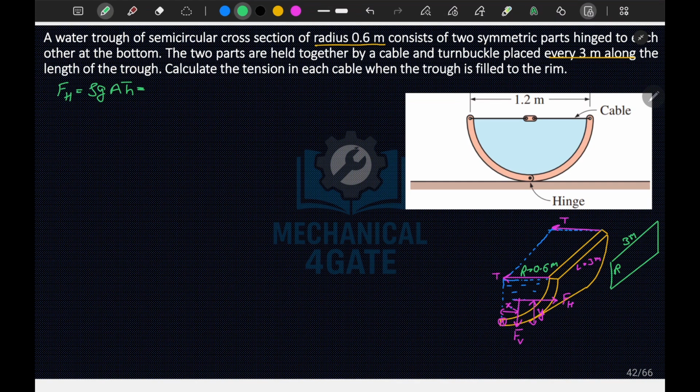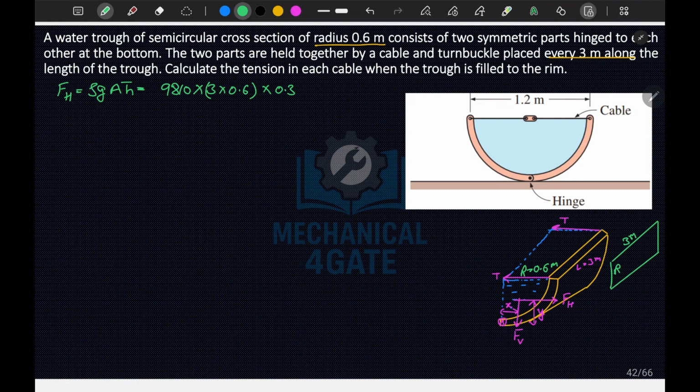Since it is water, rho g is 9810, into A. The area is 3 meters length, and width r, that is 0.6, into h bar. Now h bar is half of the height, half of 0.6, that is 0.3 meter.